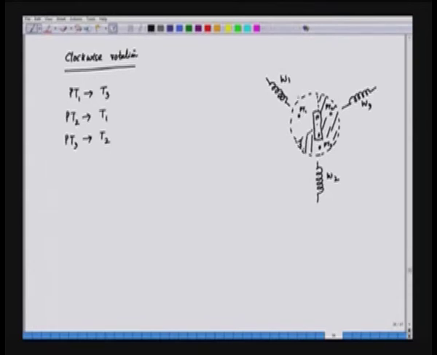So, this is phototransistor 1 and this is phototransistor 2 and this one is phototransistor 3. So, when PT1 feeds T3 or W3 here, correspondingly the winding 3 is excited.